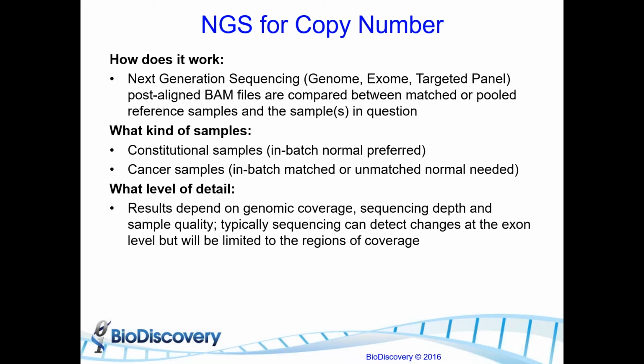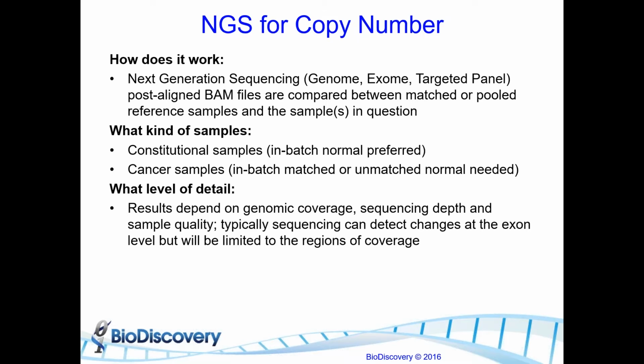The results in terms of our level of detail are going to really depend on several different factors, including our genomic coverage, our sequence depth, and the overall sample quality. We would expect that with whole genome sequencing, we're going to really get the entire genome for coverage. So we'll have both introns, exons, intergenic regions, the whole range.